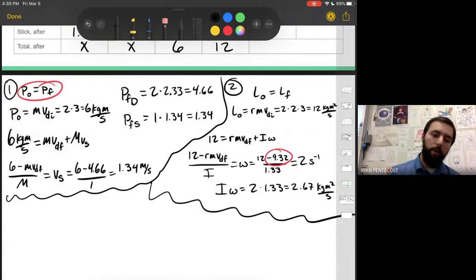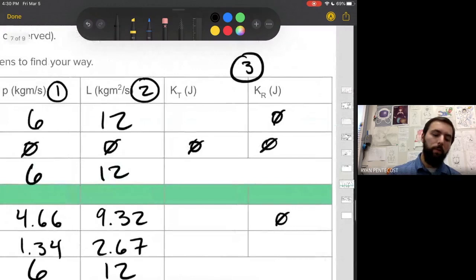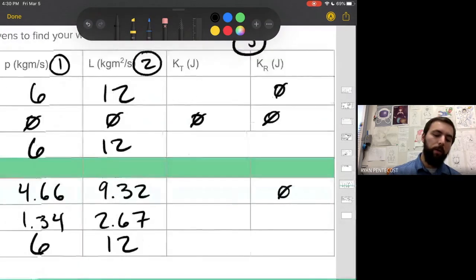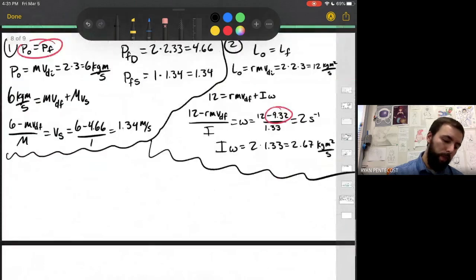Now part 3 is 1/2 m v squared or 1/2 I omega squared. We have our 1/2s, obviously, our m's, our v's, our I's, and our omegas. So this is just going to be plug and chug, right? So for our translational kinetic energy initially, K_T for the disk initial, 1/2 m V_DI squared.